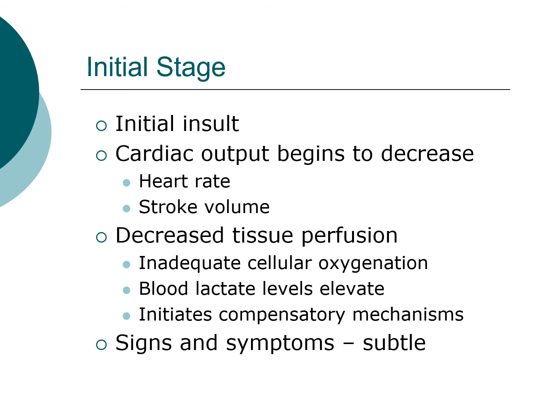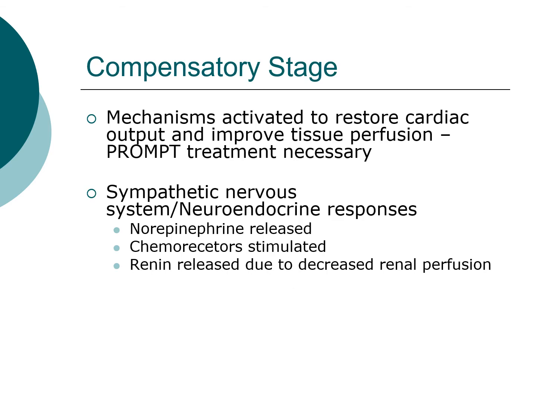So this is why trending is helpful. This is why prevention is helpful. This might be the initial blood pressure, pulse, temperature issues that we need to react to very quickly. If it progresses, then we get into compensatory stage.